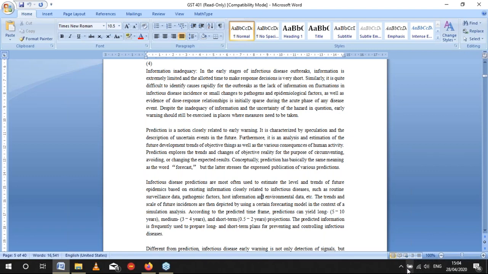We've made a comparison, and we have four comparisons, areas where you can majorly see the difference between early warning and prediction. We've defined prediction also. It has its own characteristics, and early warning has its own characteristics. And we have talked about the concepts of early warning and prediction.